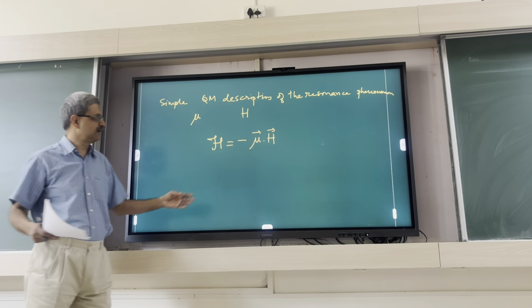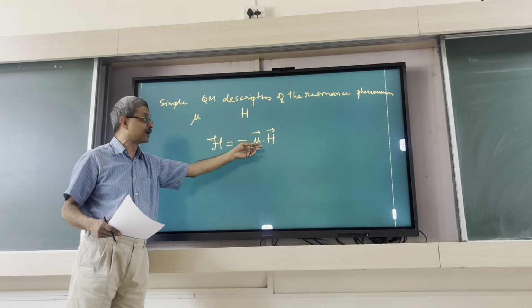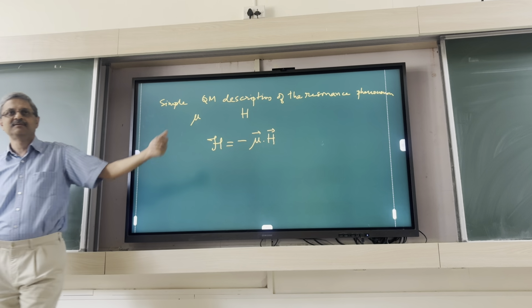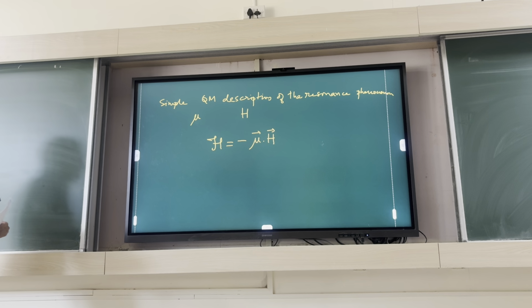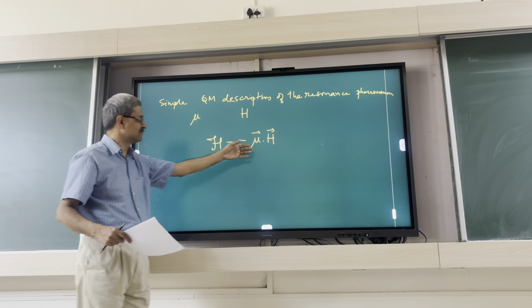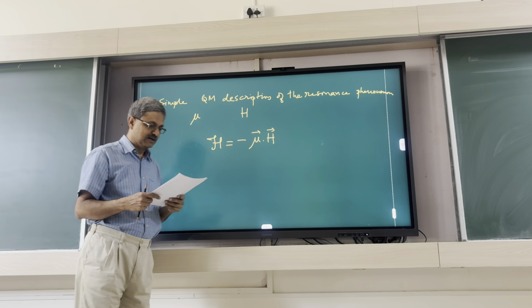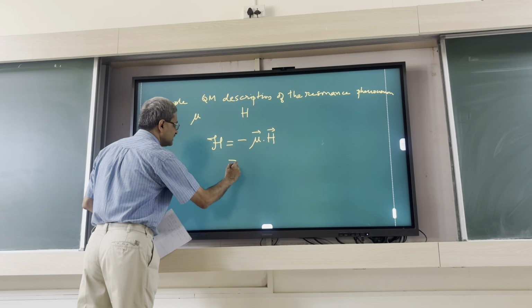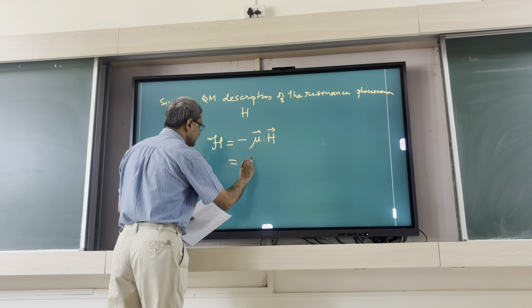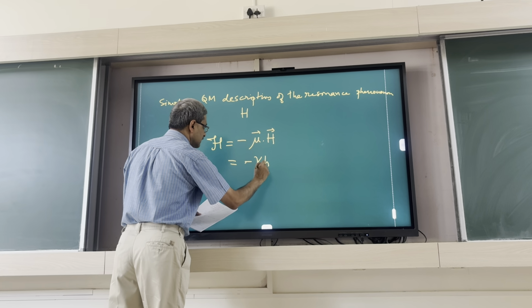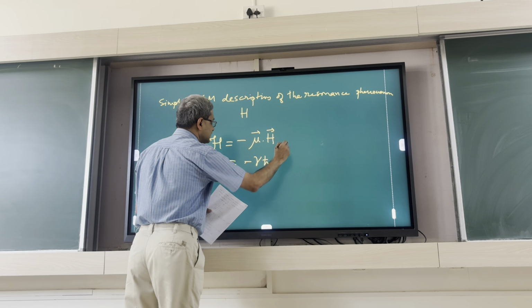Quantum mechanically, you would write the Hamiltonian like this and put suitable operators for mu, which we know now: gamma h bar I dot H. That's the relevant Hamiltonian term.